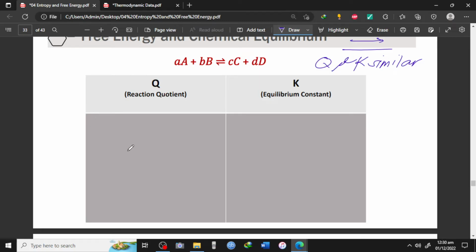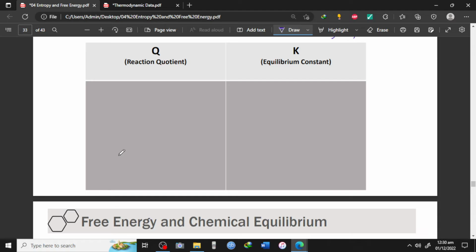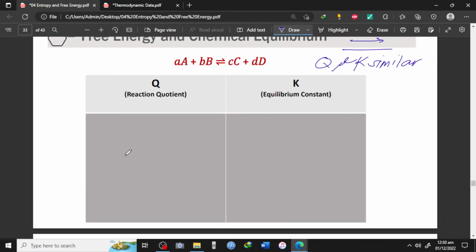Okay? So, for equilibrium constant, it is the ratio of the concentration of the product over the reactant raised to their stoichiometric coefficient. Okay? So, paano natin isusulat yon? So, students, let's say ito yung example natin ng isang chemical reaction.